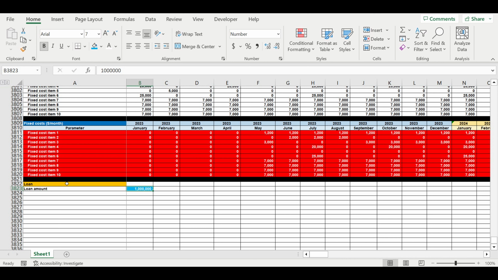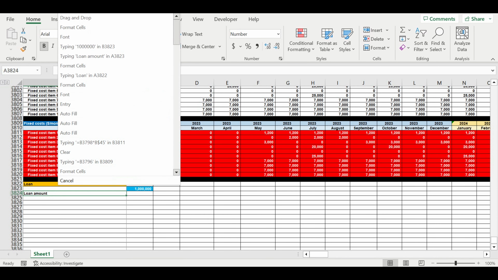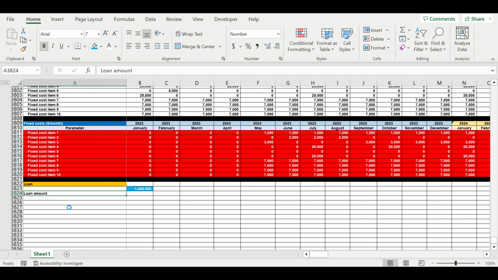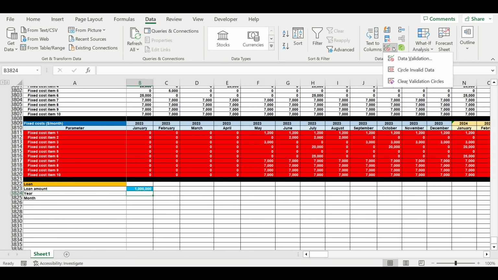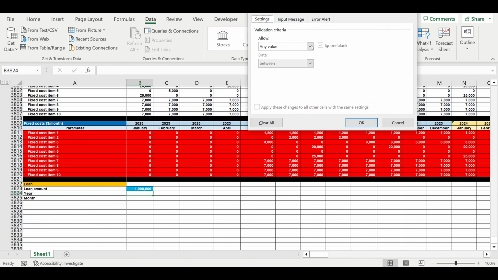So loan amount. Then we specify when we get this loan: year, month. For year I will take data validation, list.